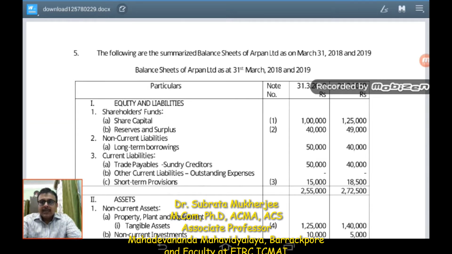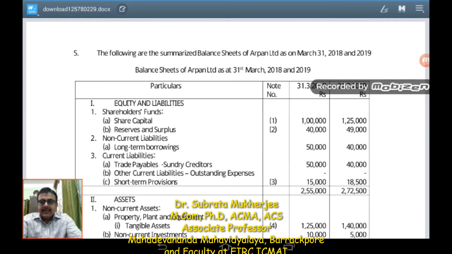The following are the summarized balance sheets of Arpan Limited as on 31st March 2018 and 2019. Share capital 1 lakh and 1,25,000, reserve and surplus 40,000 and 49,000, long-term borrowings 50,000 and 40,000, trade payables, sundry creditors 50,000 and 40,000, and short-term provisions 15,000 and 18,500.